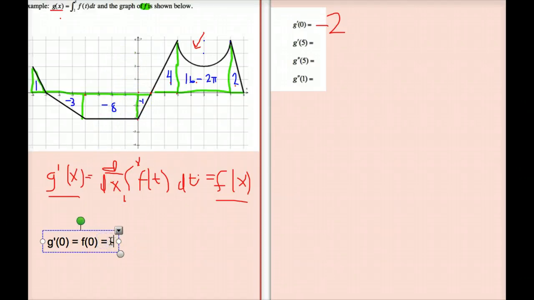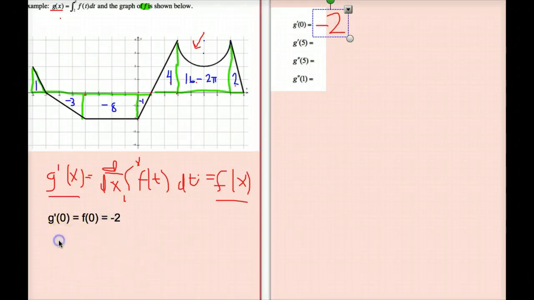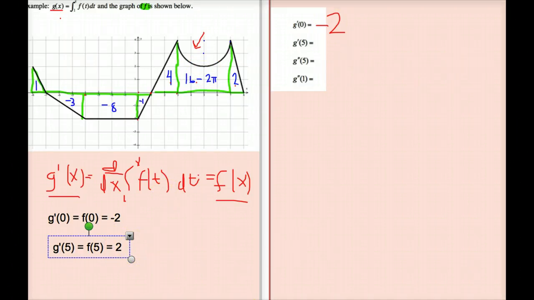So this gives me a negative 2, and that's where I get that negative 2 up here. If I do this again, g prime of 5 is equal to f of 5, so I go to my graph, and if I look at the number 5, 1, 2, 3, 4, 5, my value is at a positive 2. So the derivative has a value of positive 2, and that's what we get over here. Good.